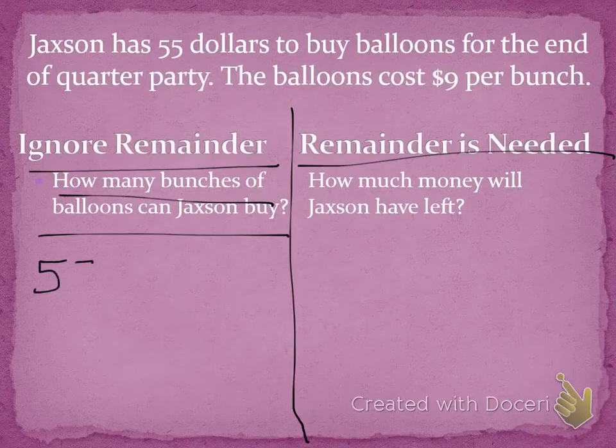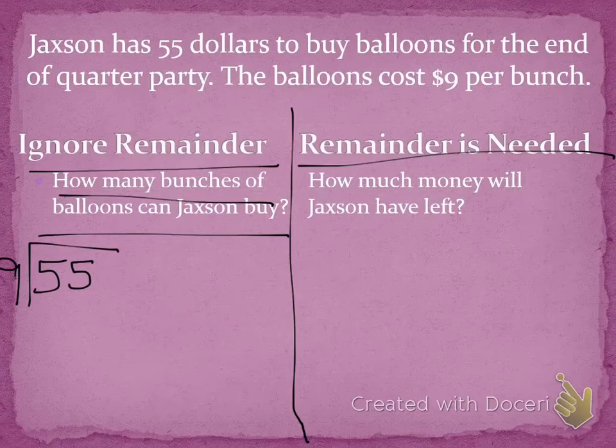So he has $55, and each bunch of balloons is going to cost $9. So I'm looking at that, and I've determined that I don't need to know anything about my remainder. All I need to know is how many bunches of balloons I'm able to buy. So I have to figure out how many times 9 goes into 55.